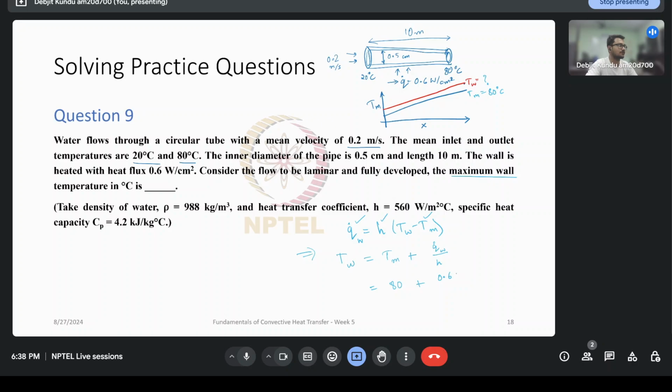So we have to convert this 0.6. In order to make it meters squared, I need to multiply by 10 power 4, and H is 560. So this would be something like 6,000 by 560. I will just do the calculation.